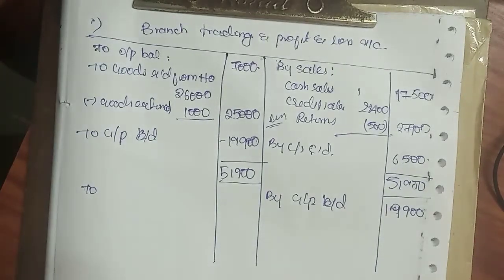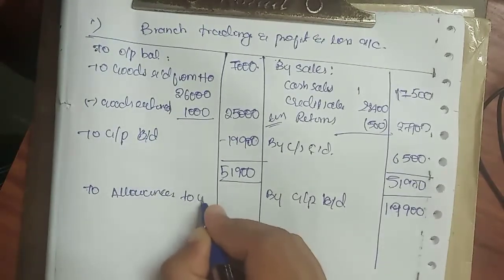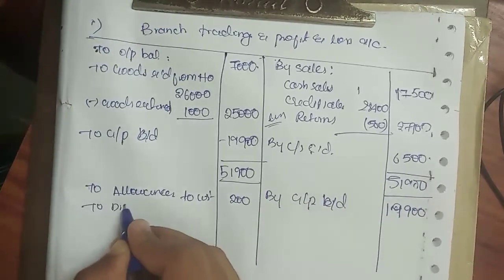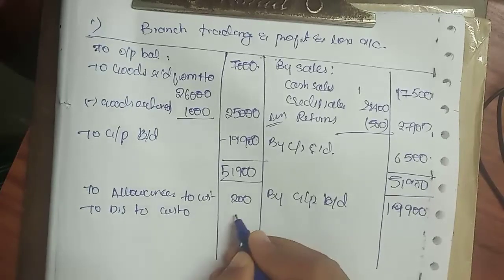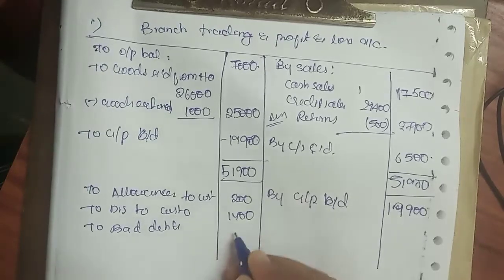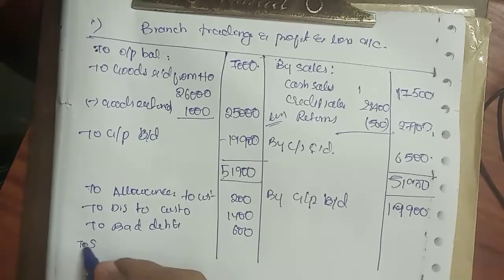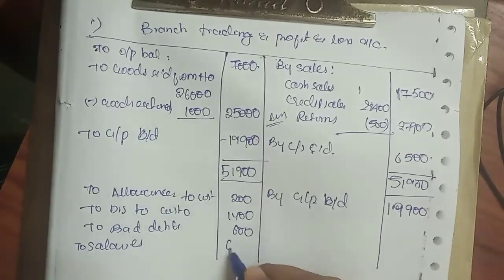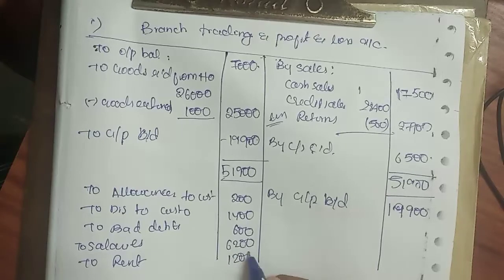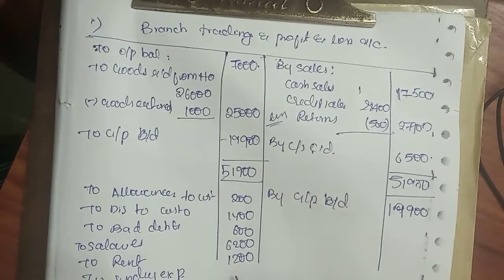Then write other expenses. Allowances to customers 200, discount to customers 1,400, bad debts 600, then goods, no, that will not come. Salaries 6,200, to rent 1,200, to sundry expenses 800.